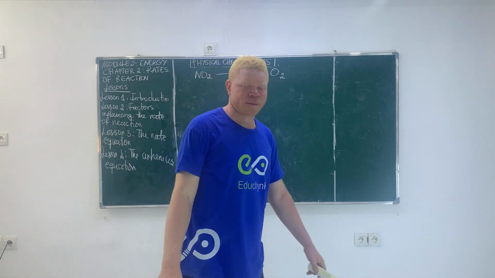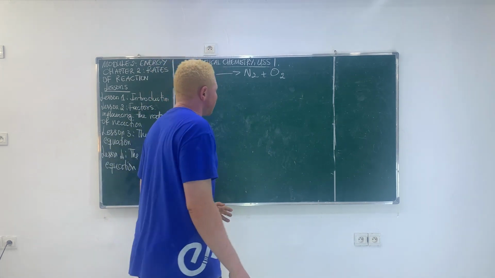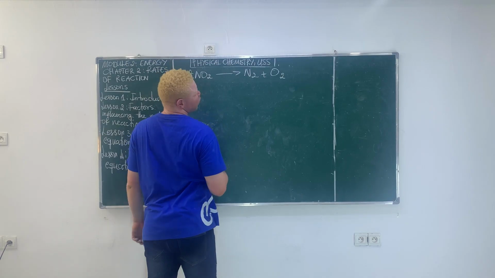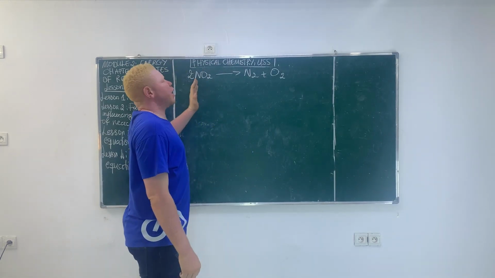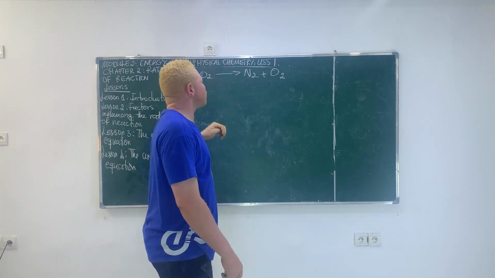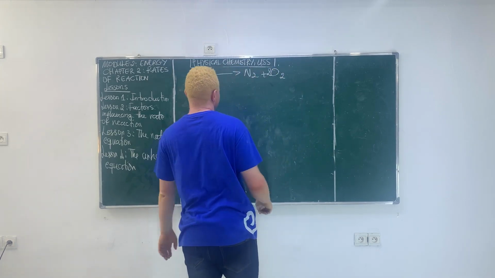The equation is not balanced, so how do we balance it? We start with nitrogen. I put 2 here, so nitrogen is balanced. Oxygen is now 4, so I put 2 here for oxygen.